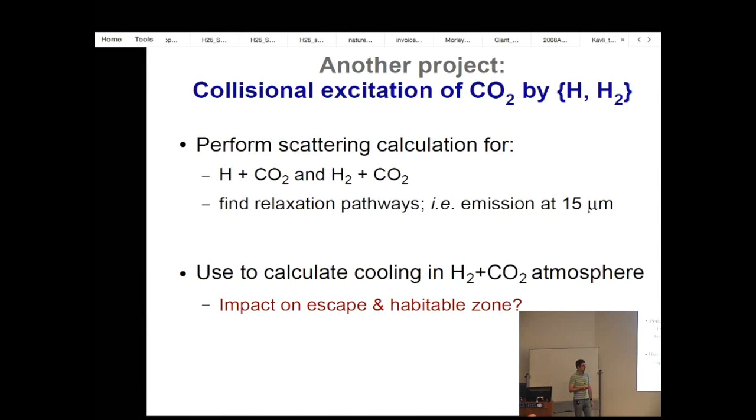And then once CO2 gets excited, it will radiate. And that could indicate to what extent a small fraction of CO or CO2 in such an atmosphere will affect cooling in this type of planetary atmospheres.